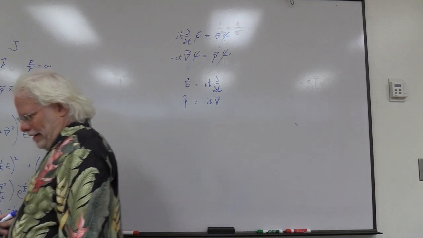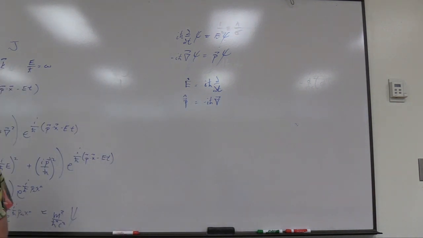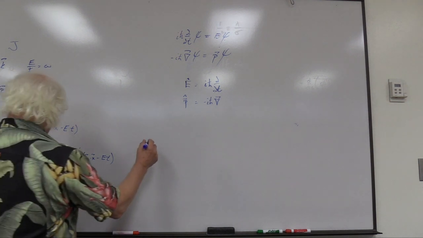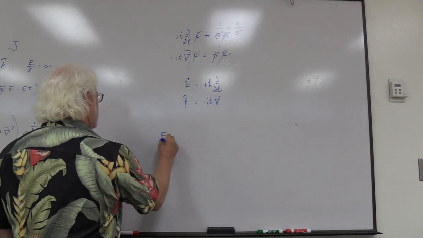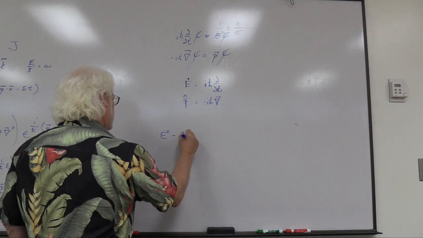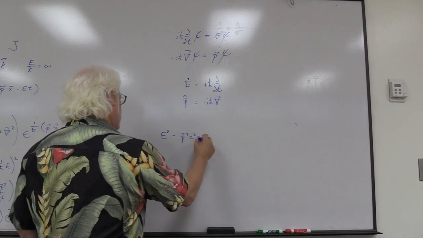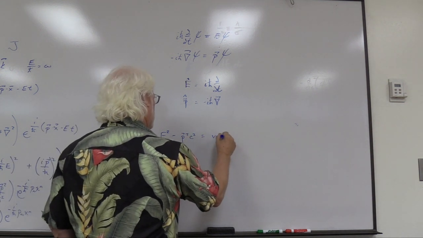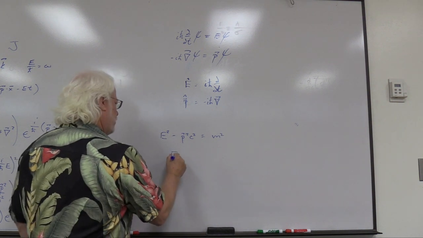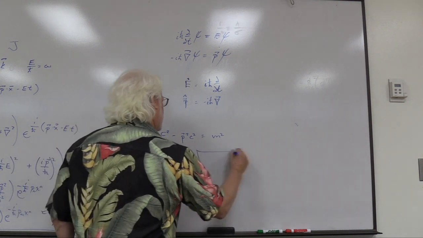And that is useful for getting the Schrodinger equation, because I can come from the energy relation, E squared minus p squared c squared equals m squared c to the fourth. I can solve for the energy.